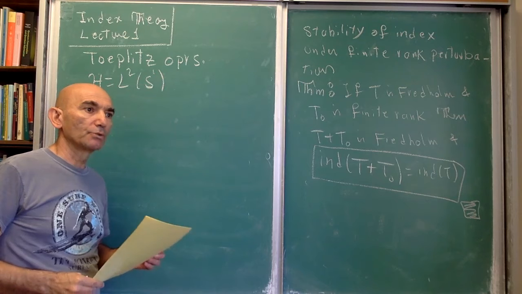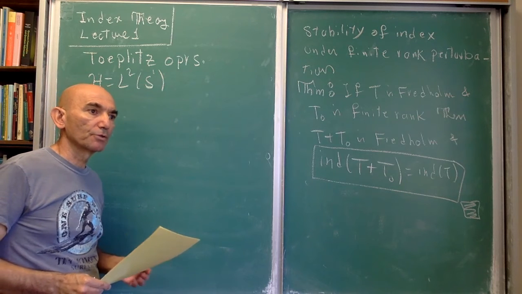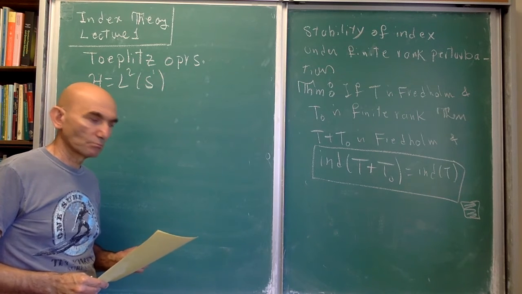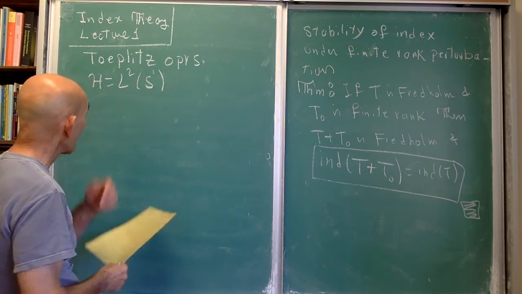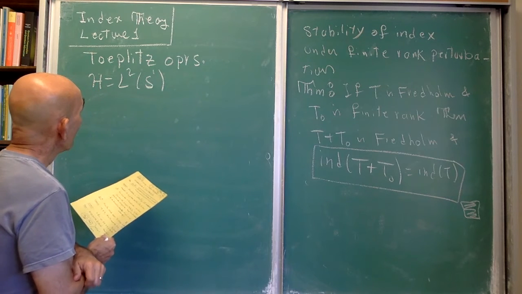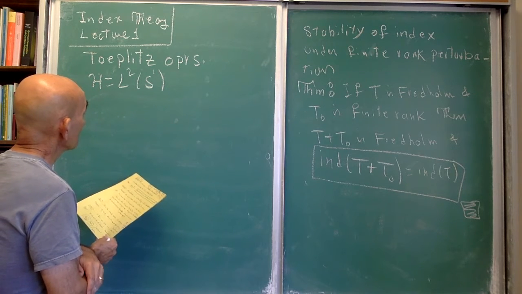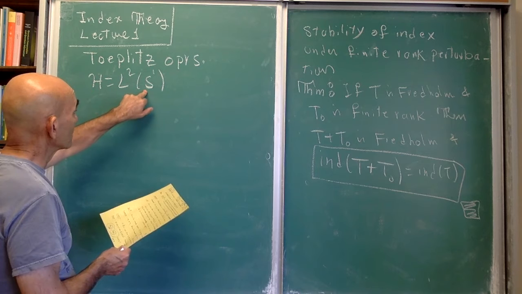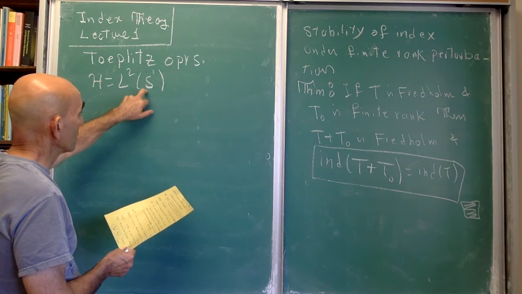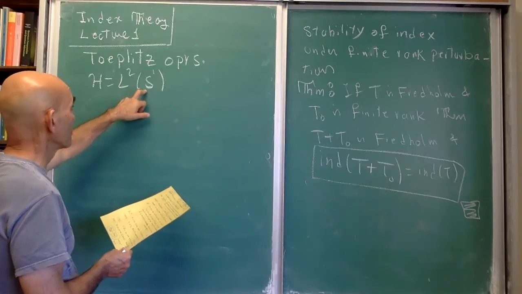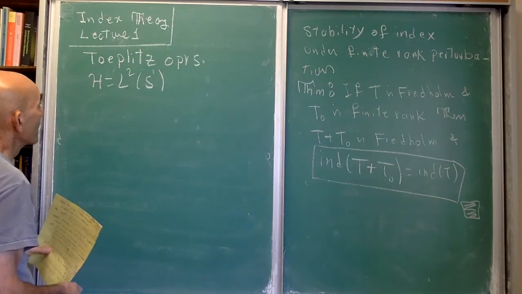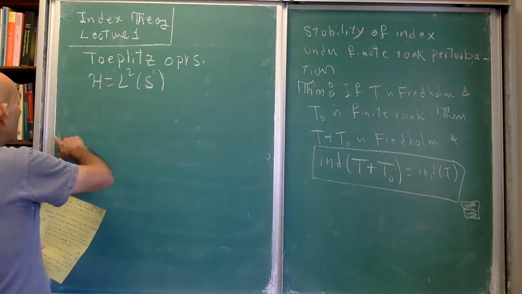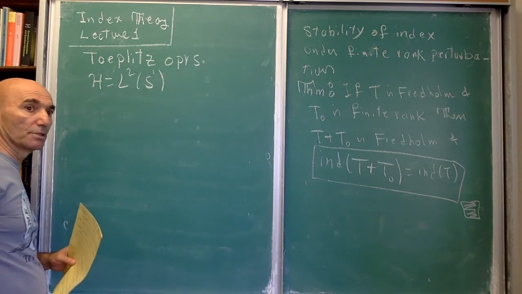The L2 2-pi periodic functions, or just L2 functions on the circle where you put the standard measure on S1, which is the Haar measure on S1. So this has an important subspace, the Hardy space.